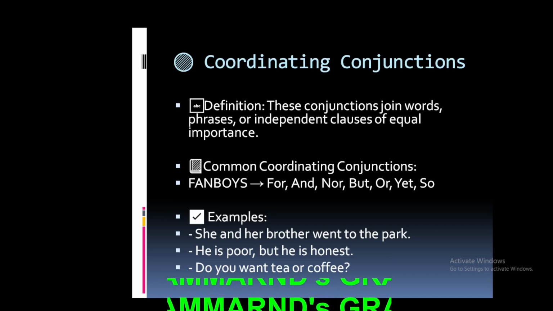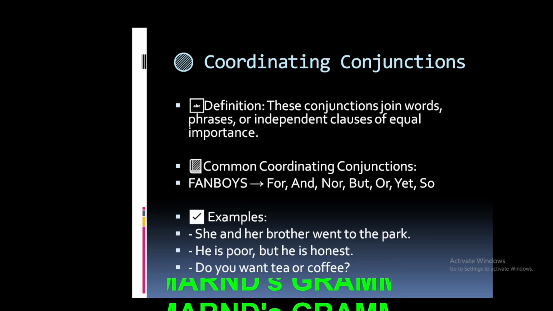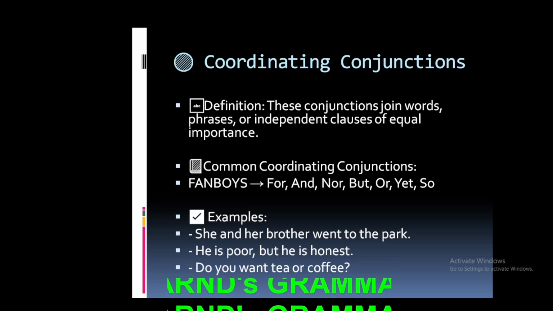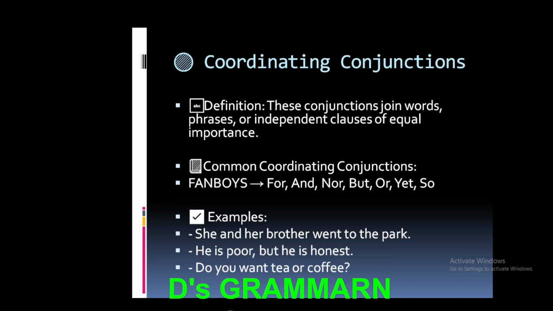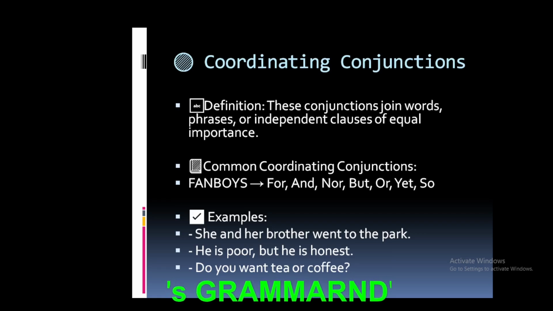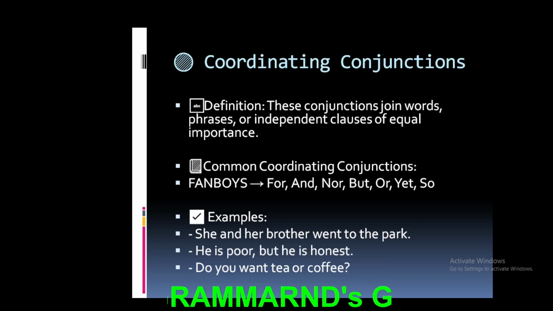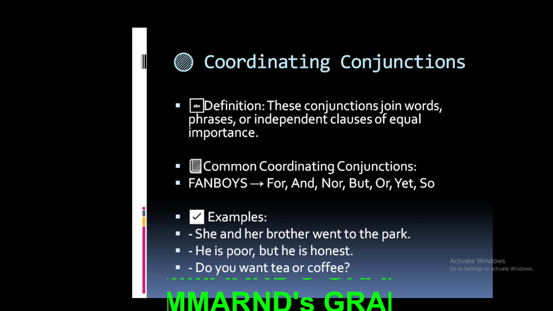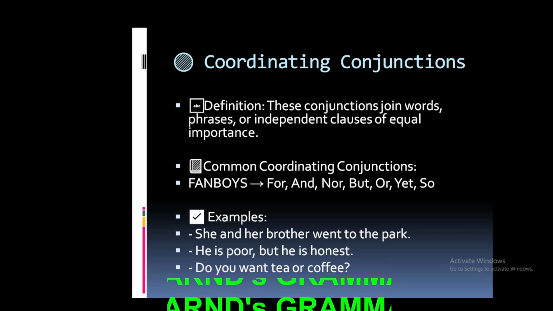Here two sentences of equal status are given, and both the sentences are contrasting with each other. That is, he is poor, on the other hand he is honest. Normally it is thought that poor people are not honest. Therefore conjunction but is used. Two contrasting sentences or ideas.